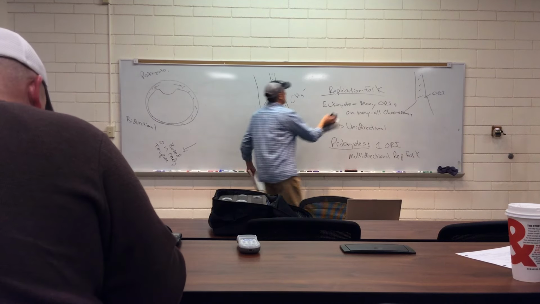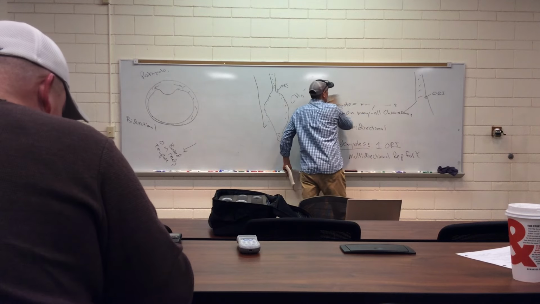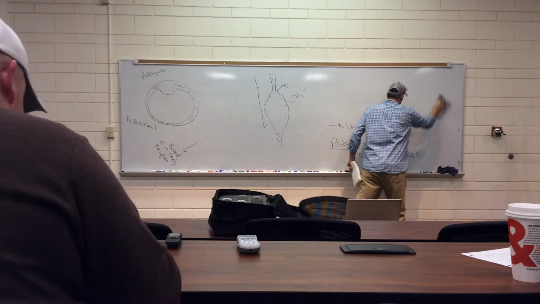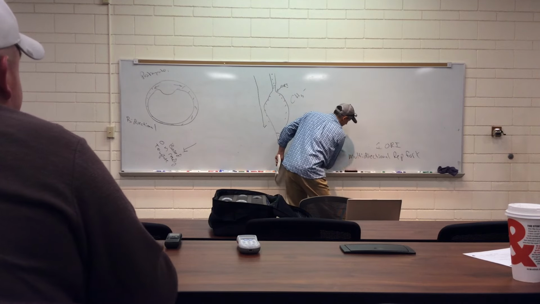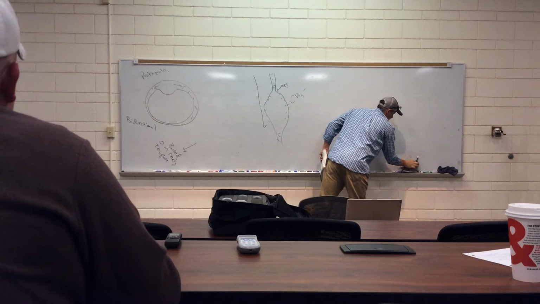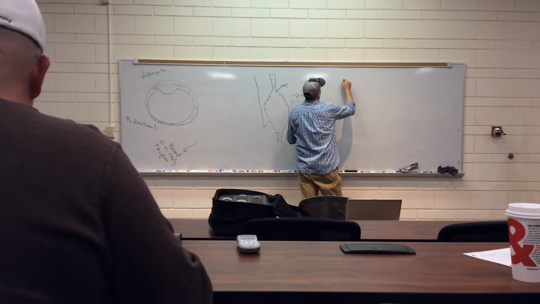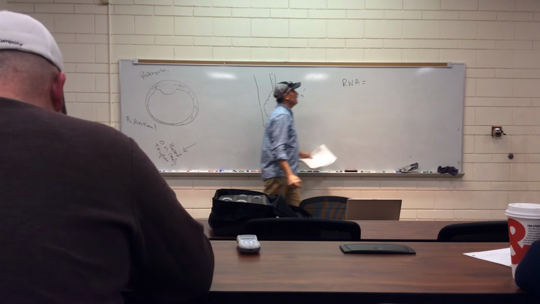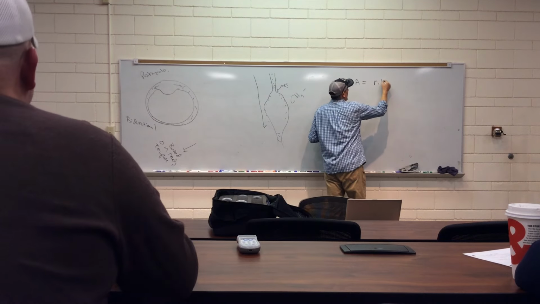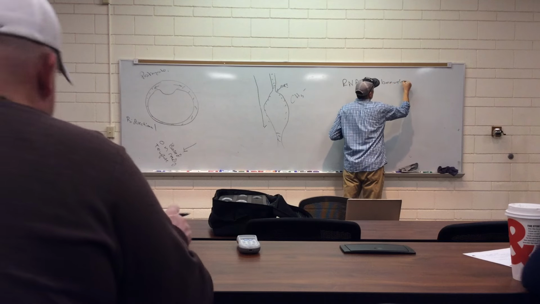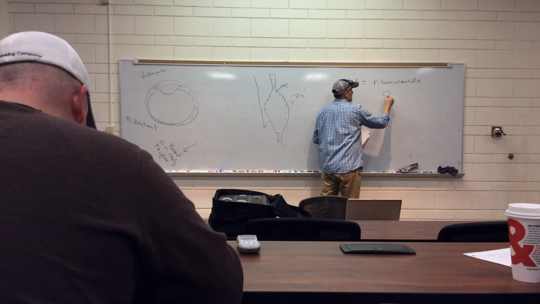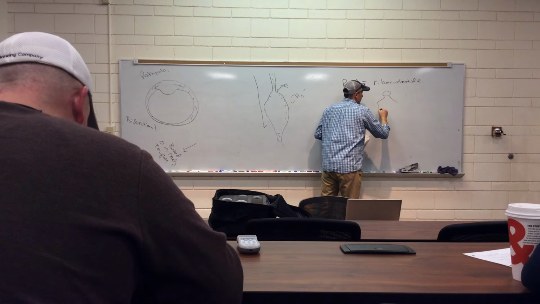Now, I don't know if we talked about RNA molecules or not, did we? We'll just kind of quickly gloss into RNA. So for RNA, the only differences that we see is that we use ribonucleotides rather than deoxyribonucleotides, and the only difference is on that 2'.